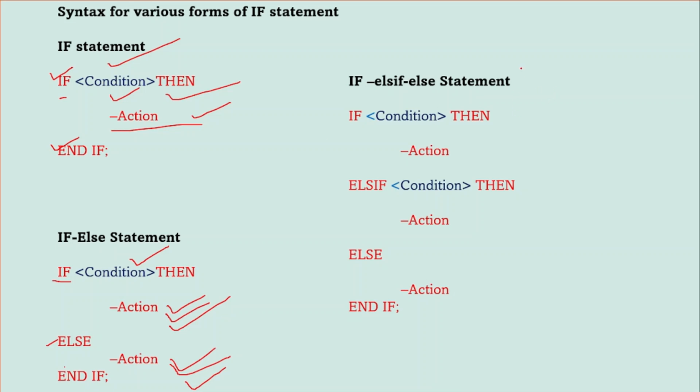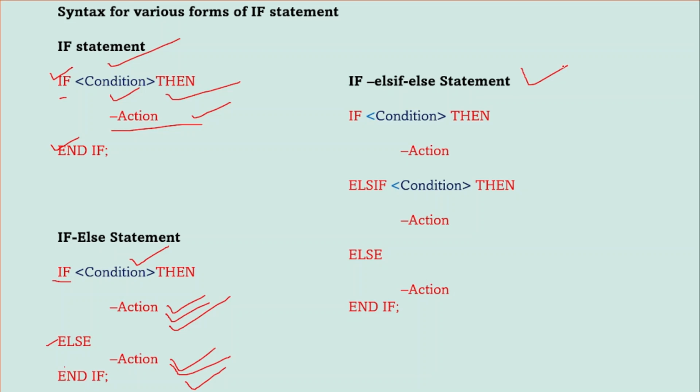And take the syntax of if else if statement. This is used when you need to use multiple conditions. Take one example of electricity bill. Clear? Suppose the number of units used by you is less than 200, means 1 to 200, no charges.